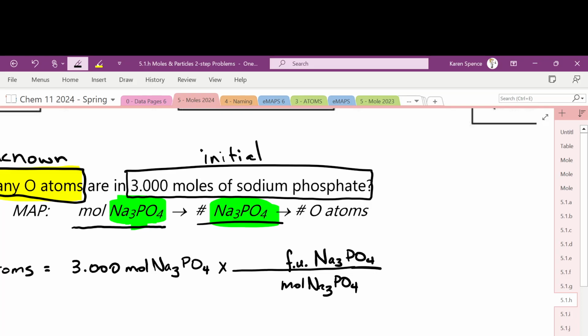Now you have a choice here. You get to write 6.02 times 10 to the 23 either beside the formula unit or beside the mole. Where does 6.02 times 10 to the 23 go? Does it go with the mole, or does it go with the formula unit? Tell your partner what you think.